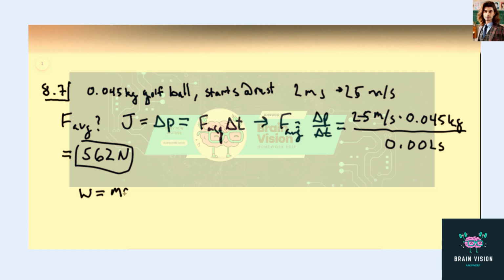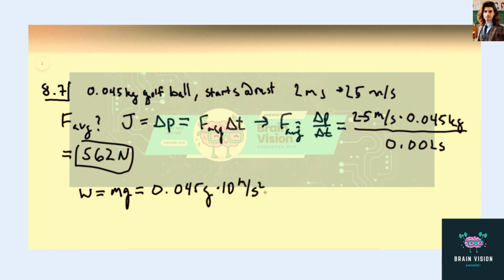On the surface of the Earth, it's just equal to its mass times the standard acceleration of gravity. So this is our 45 grams times, let's call it 10, because that'll be close enough, meters per second squared.